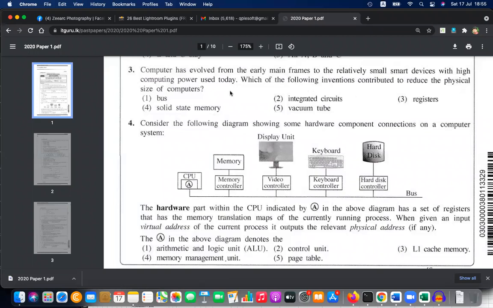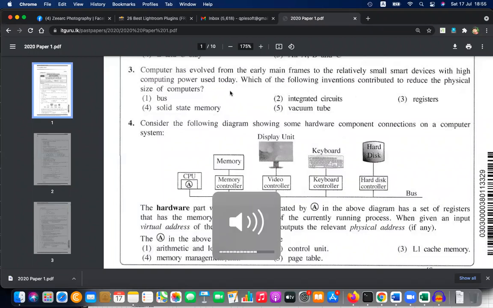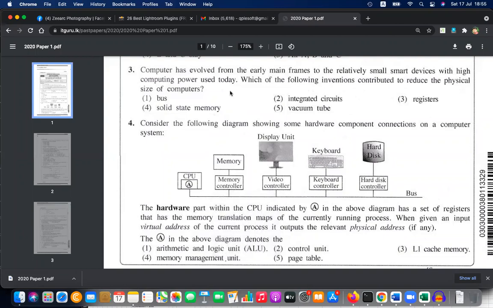Netoli, what is your answer? This anyone can answer. Sidmi, what is your answer? Which of the following inventions contributed to reduce the physical size of the computer? Second one.